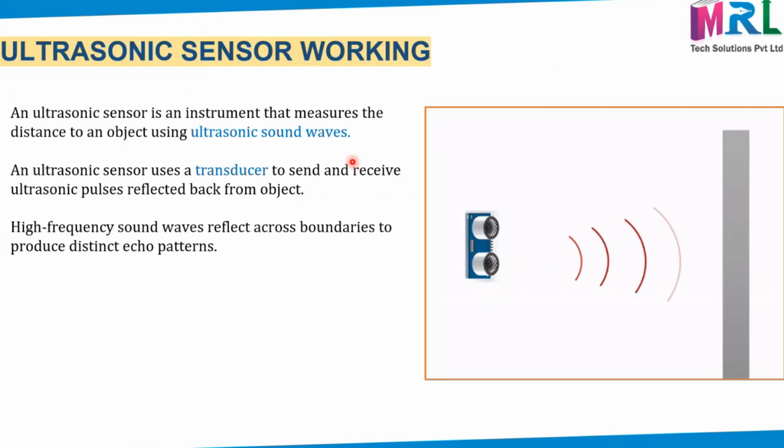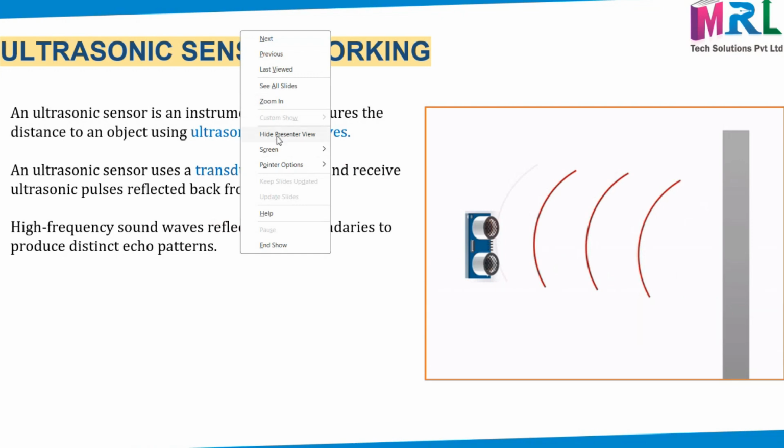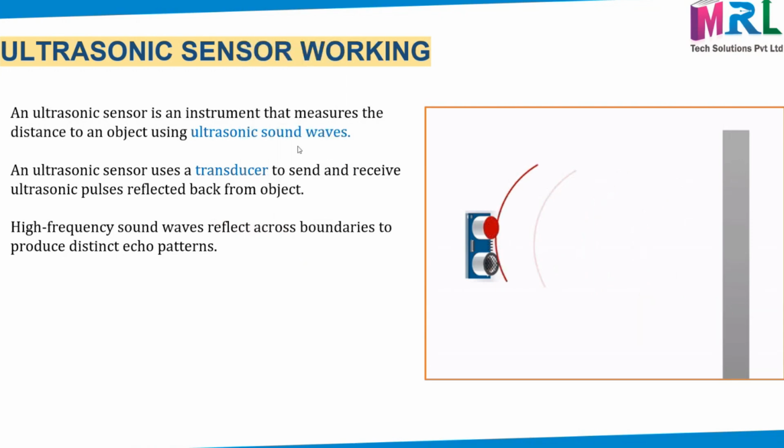So what is an ultrasonic sensor? You have the ultrasonic sensor in your hand. In that you can see two eyes. It is nothing but a transducer. What the transducer does is send a signal and receive the signal.